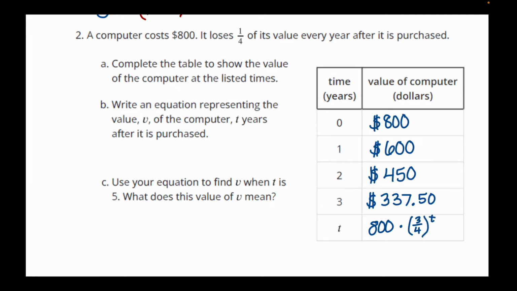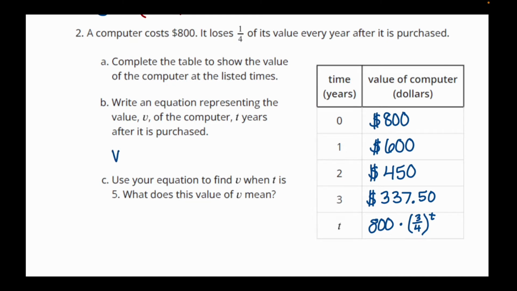So it's kind of the opposite of something doubling, but we use the same format. The only difference is I'm not putting 1/4 in here because it's losing that amount. I'm taking that away from 1, meaning I have to use my expression to show what's left. So my equation for part 2 is going to be V equals 800 times 3/4 to the power of t.